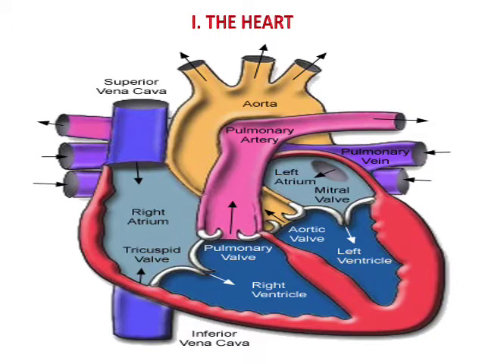Then, the oxygenated blood will go to the pulmonary vein, collected by the left atrium. So, oxygenated blood from the left atrium enters the mitral valve as it opens. The left ventricle now pumps the oxygenated blood entering the aortic valve through the aorta.